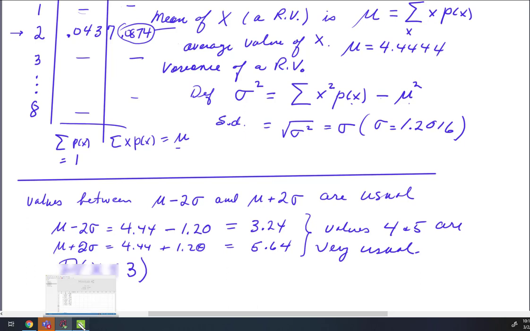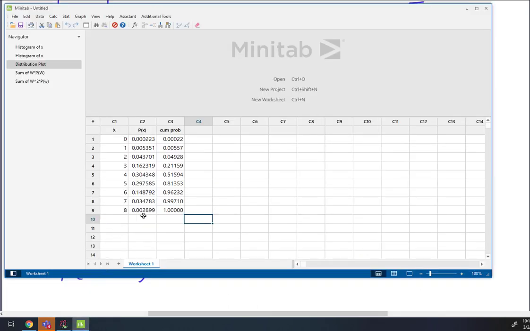I don't remember where we left Minitab. We do have the cumulative. So easy enough. The probability that x is less than or equal to 3 is 0.212 to round that off. That's the cumulative probability.